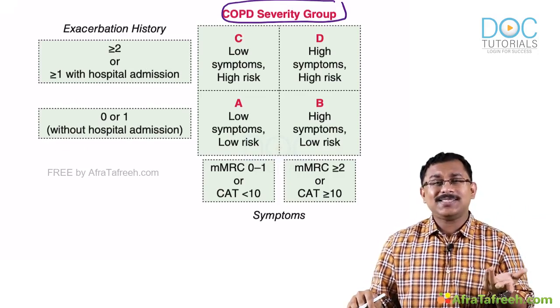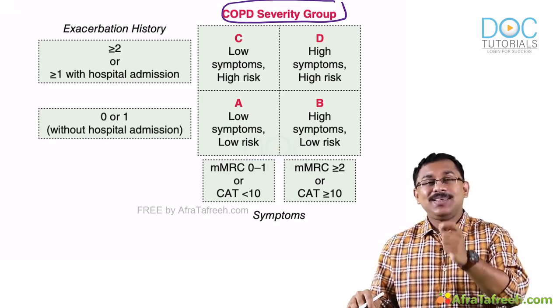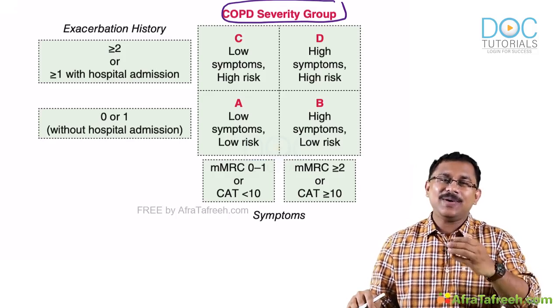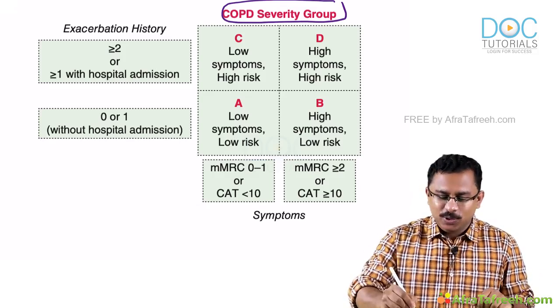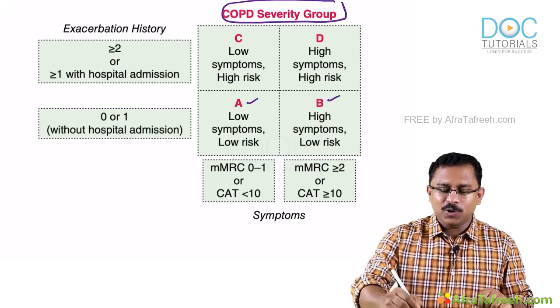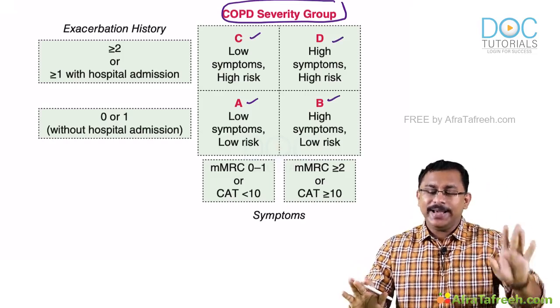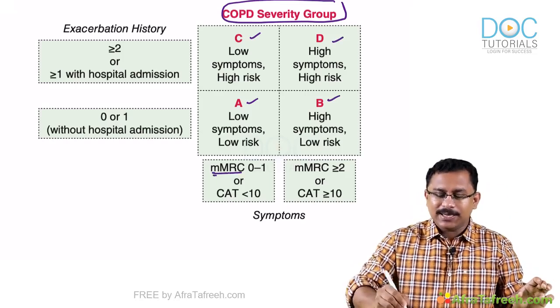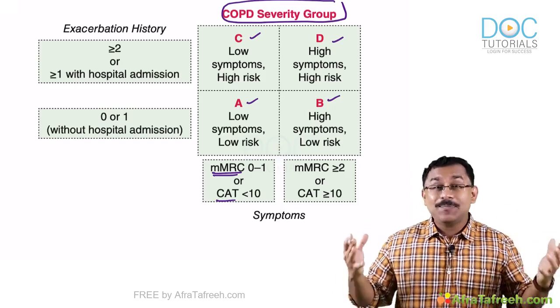Why should I learn the severity grouping of COPD? Because as per the GOLD guidelines, treatment is based on this grouping. So how do you group it? There is group A, group B, group C, group D. Very simple. Okay. Remember what I told you? The MMRC and the CAT were based on what? Symptoms.